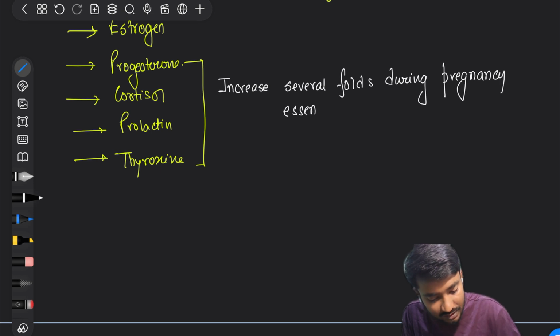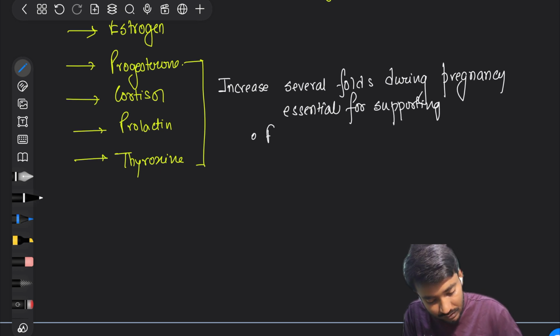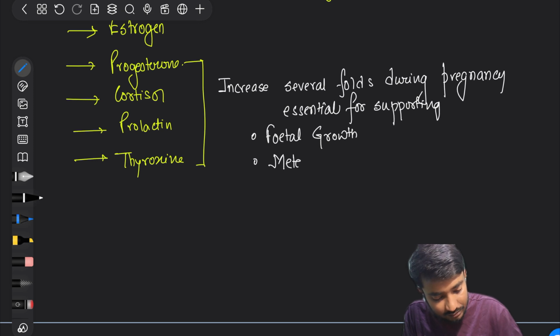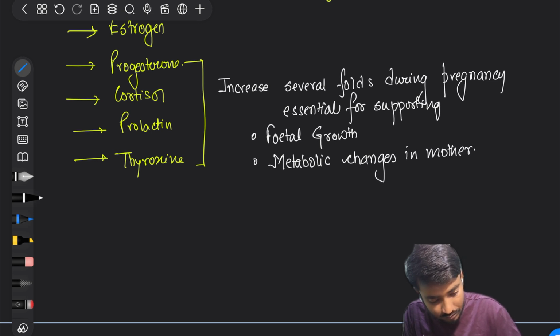And it is essential for supporting fetal growth, metabolic changes in mother, maintenance of pregnancy.